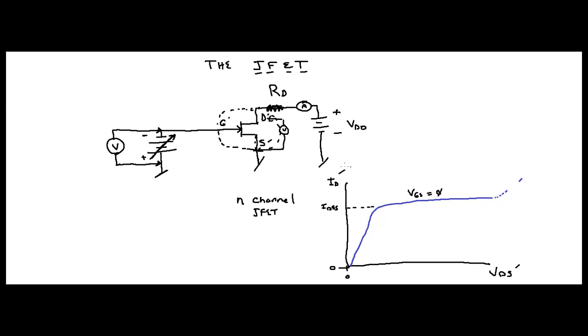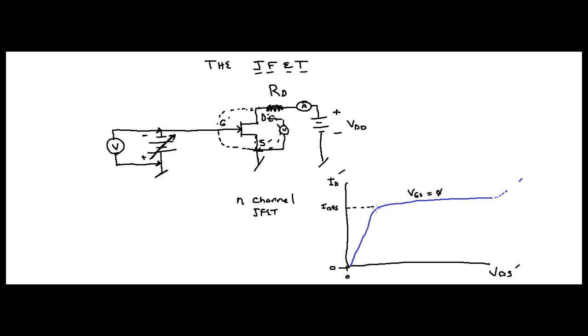Now what's going to happen if we increase this voltage, for example? So now your voltage is going to be -1 volt. Well, let's just think about it. The more negative volts you get, the thinner or more narrow the channel is, which means there's less current that's going to flow.